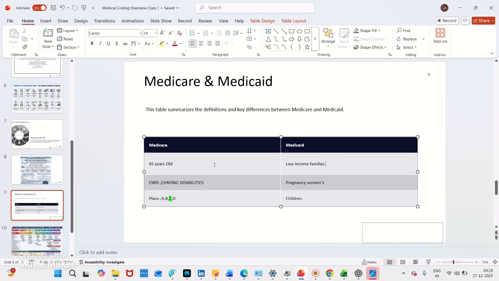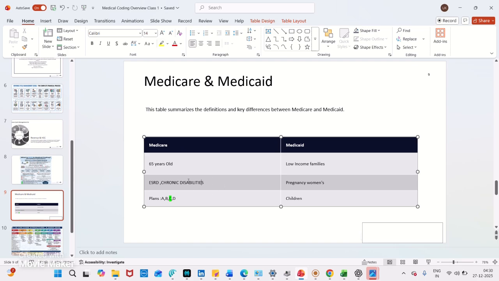Medicare is used for people aged 65 and above, and for ESRD patients and chronically disabled patients; this plan is very useful.